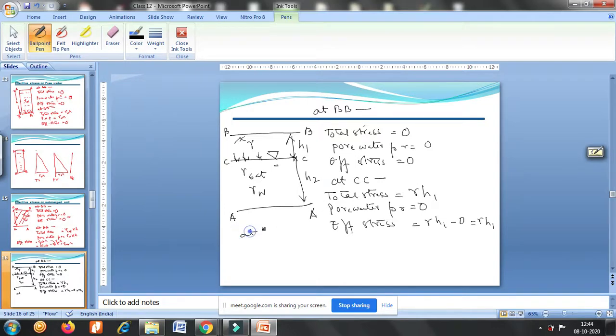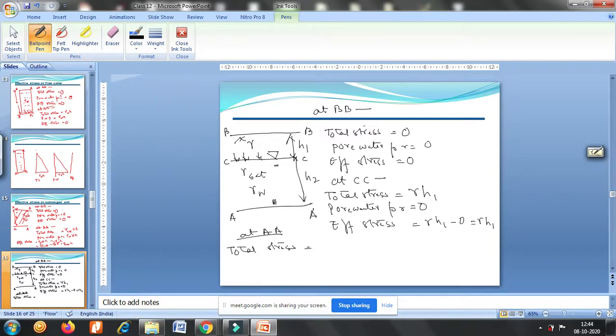Now let us find out the total stress at AA. How much at AA? It is the weight of the soil above the water table that will give some pressure over here.